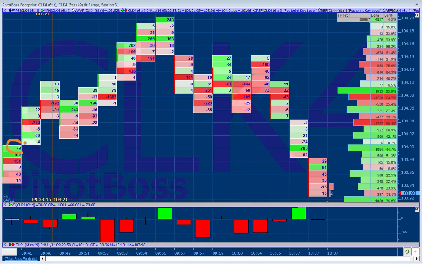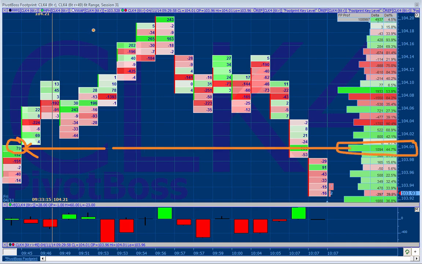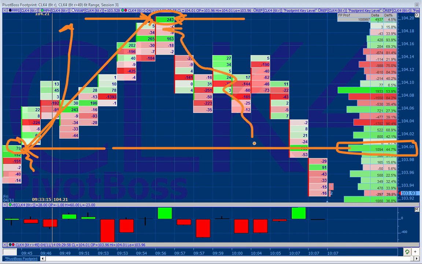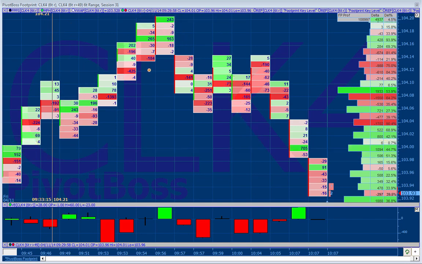If someone sold 104s and they have a 20 tick stop, when price goes 20 ticks against you, you have to buy to cover. Look at all the buys that came in at the market to cover. And then what happens? Price goes lower.